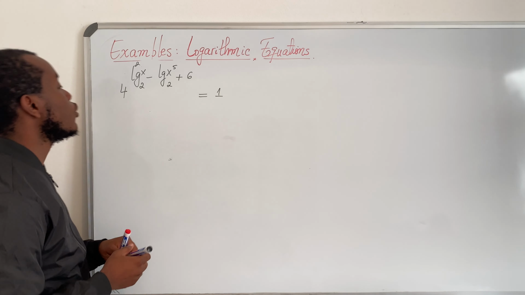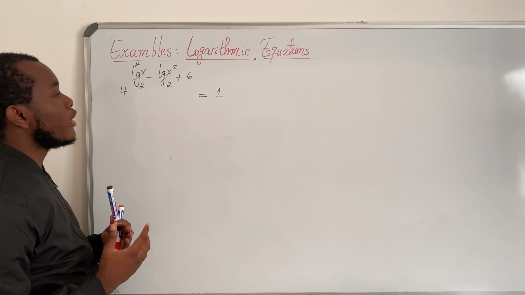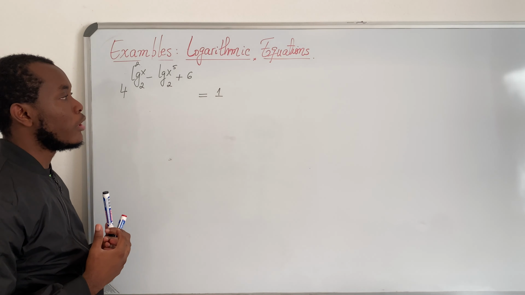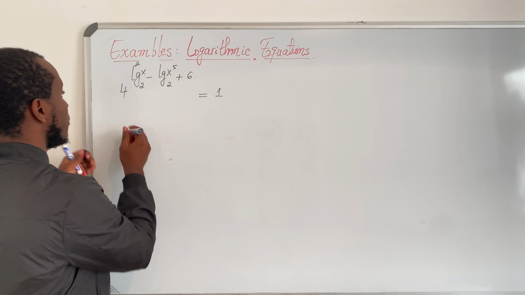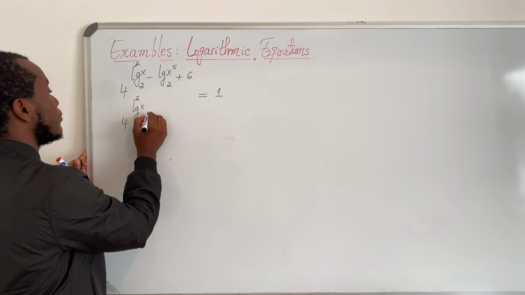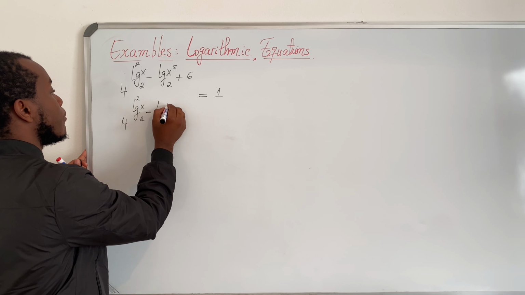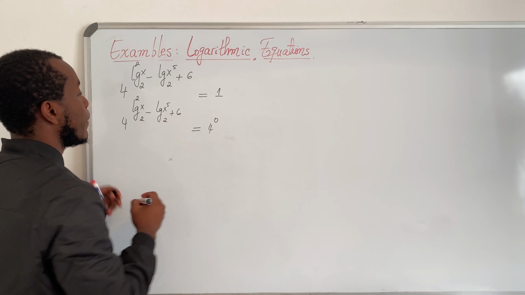So what we do here first, let's look at our 1. Can we write 1 with the base 4? Yes, it is possible. 4 to the power 0 is 1. So that's what we do first: 4 to the power 0.